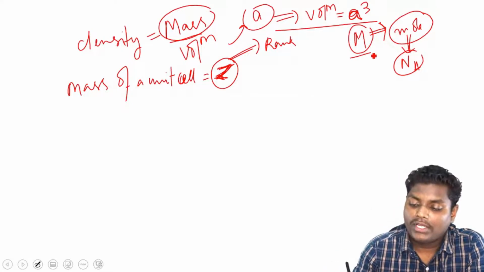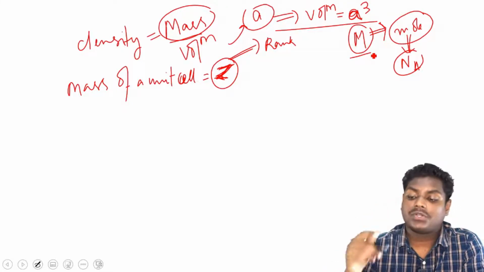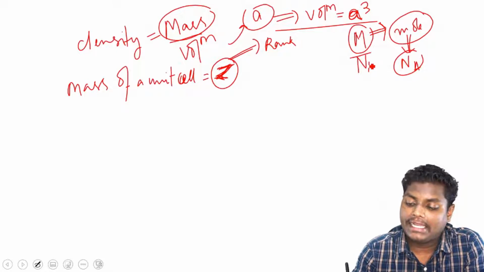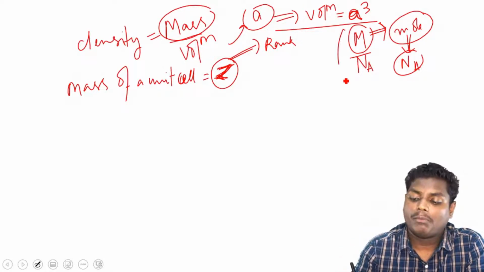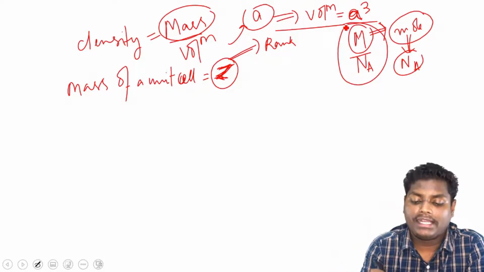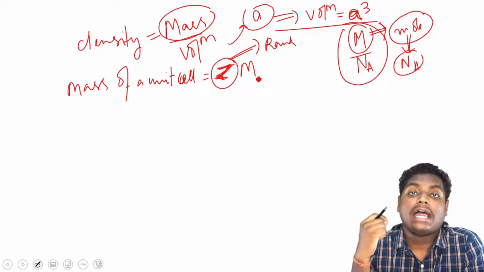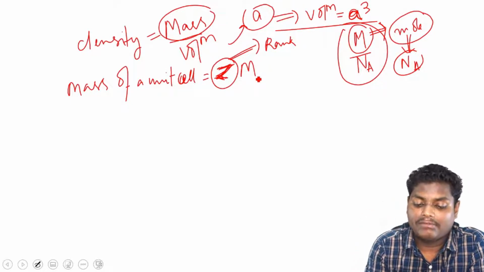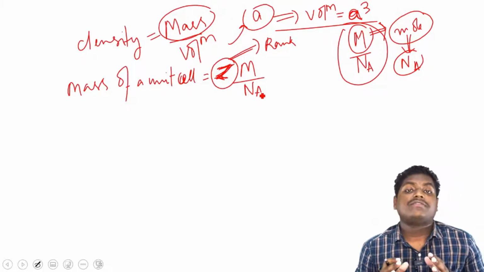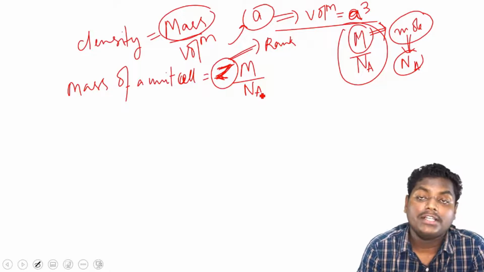So if you want to find the mass of each atom, it will be M upon Na. So the mass of a unit cell is Z, the number of atoms present in the unit cell, into M upon Na. So this will give us the mass of the unit cell.